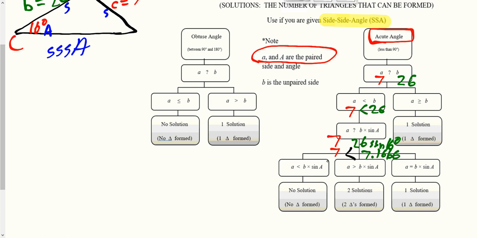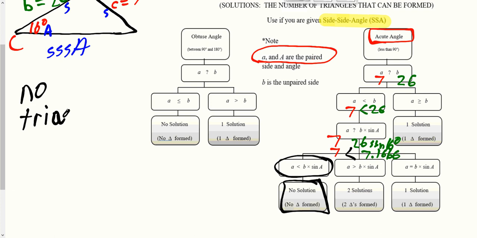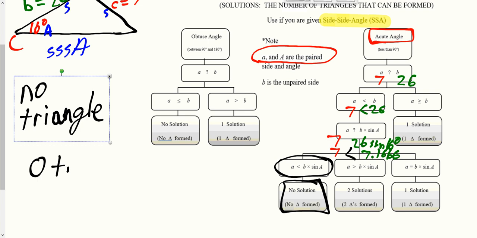So that's what we have right here, which means we have no solution, no triangle forms. So we can't actually solve it because there's no triangle. The number of triangles would be 0 triangles.